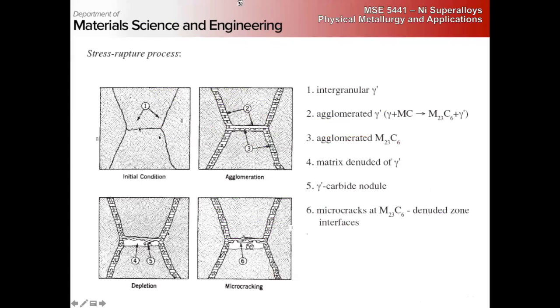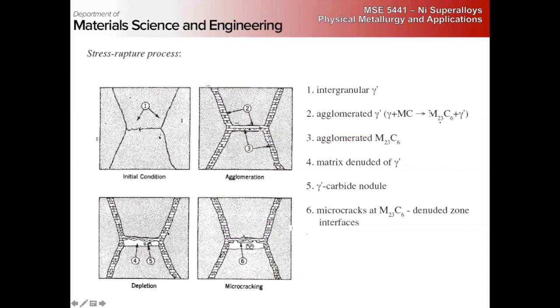As we start to creep, our gamma prime is going to become agglomerated at the grain boundaries. We're going to form the MC type carbides, which are then going to age in and form these M23C6 type carbides that are going to agglomerate.